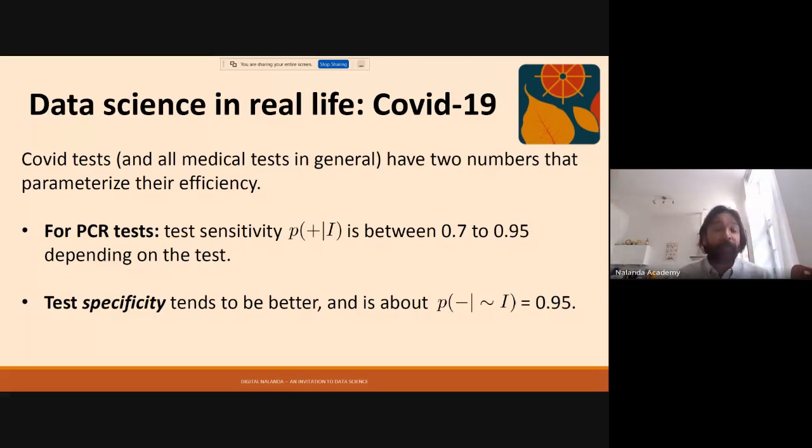Well, the problem is then you will end up getting many false positives. If you've ever had a blood test for, let's say, some disease you have no chance of having, and the blood test comes back with some tiny number, it says negative, and you wonder, well, there's a tiny number there.